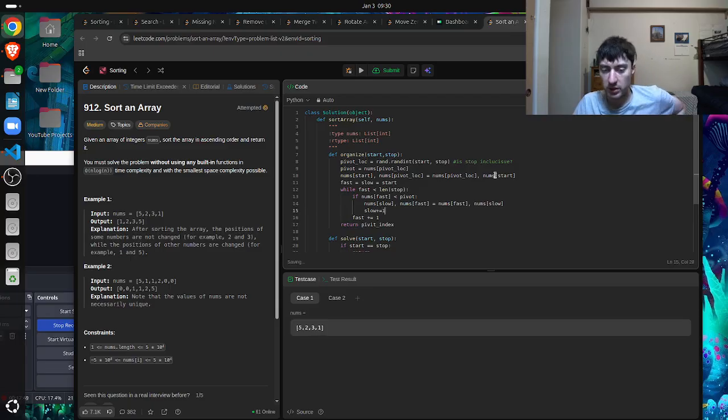And then we can move slow over by 1 in this case because we know that I just put a number, we're pointing at the same location here, right? We're pointing at the same location, and I just found something which is smaller than the pivot, which conforms. Okay.